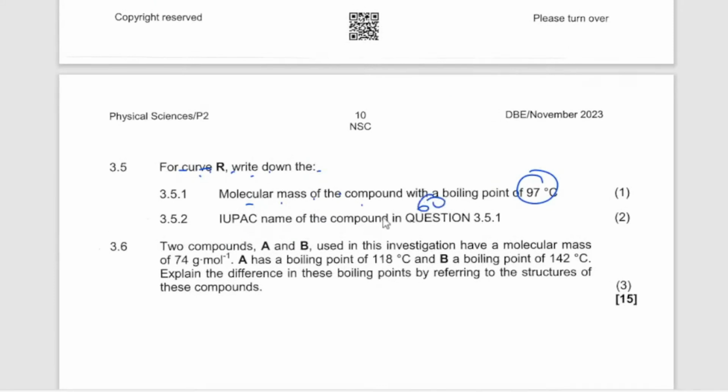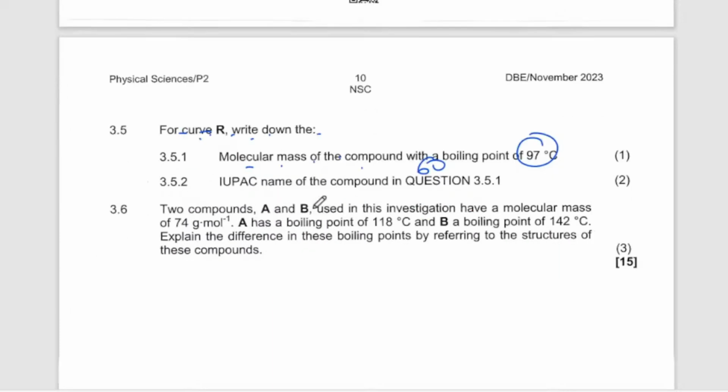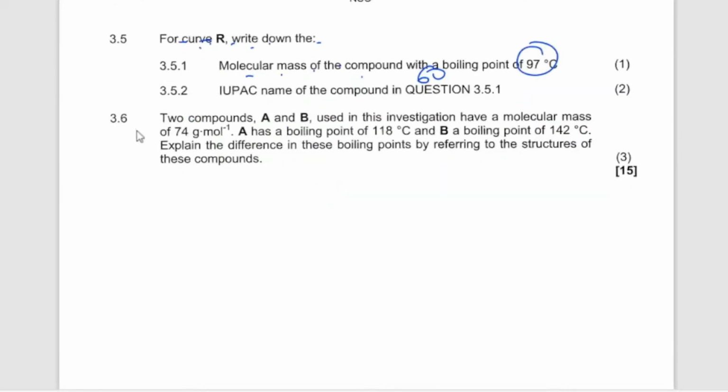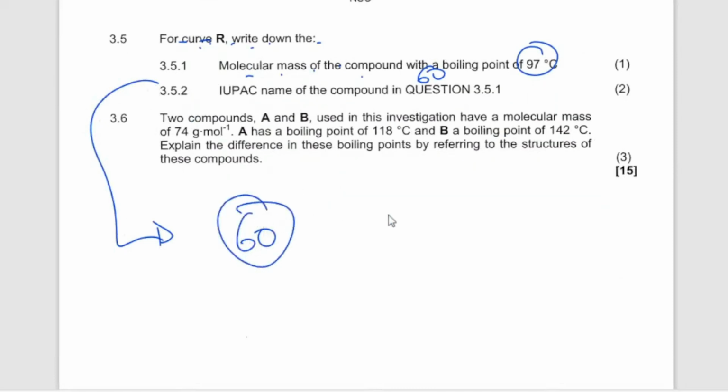So the IUPAC name of the compound, this is 2 marks. Where do I get those 2 marks from? Basically here, you need to find out which alcohol has a mass of 60. So it's easy to calculate. How do you calculate?